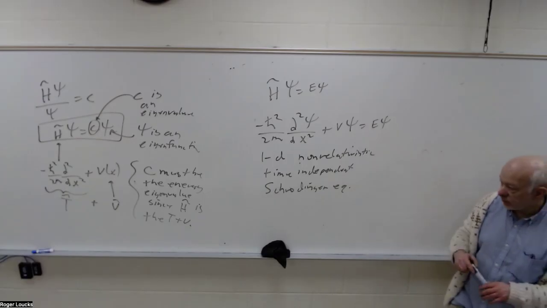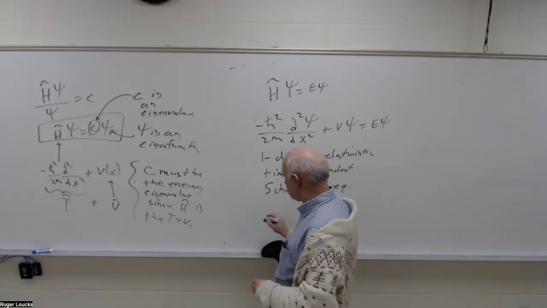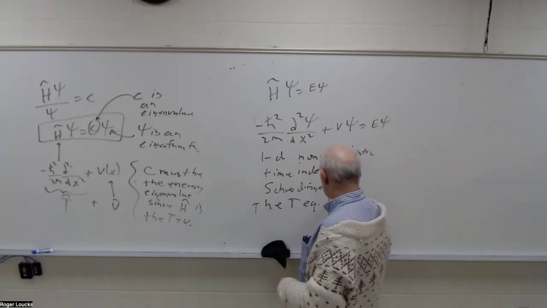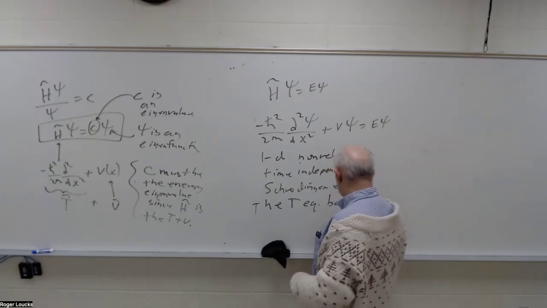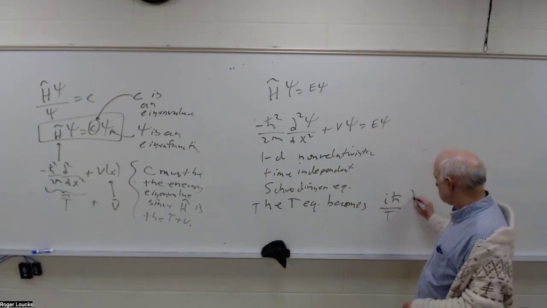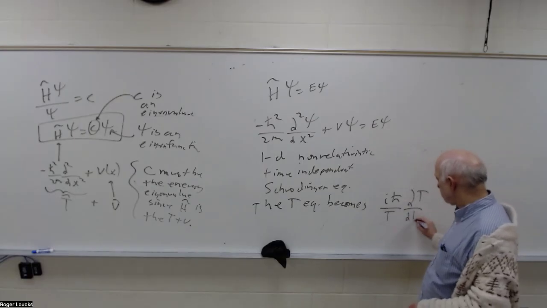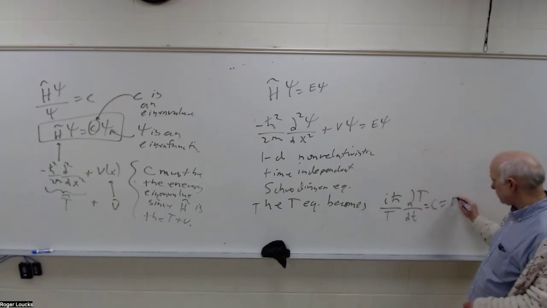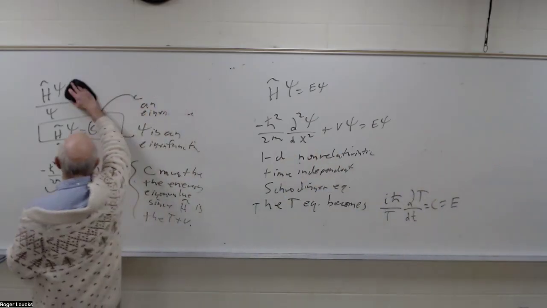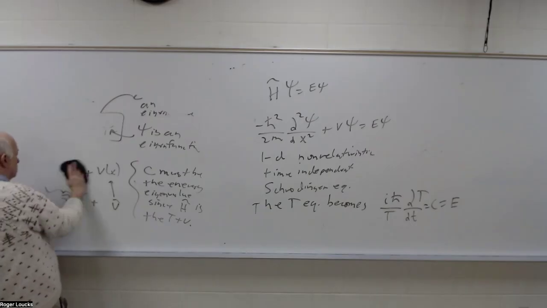Now, what happens to the time? T becomes this iħ partial T with respect to T equals C, which equals really E. Let's solve this. How do I solve that equation for capital T?